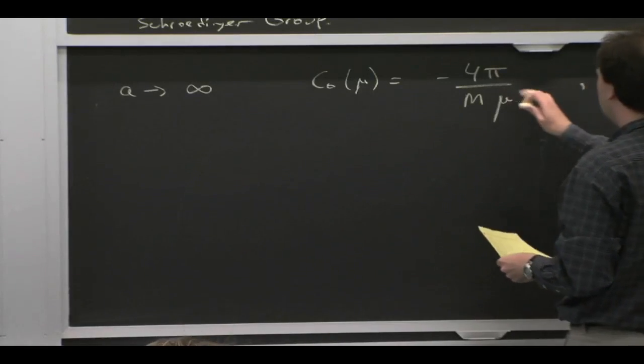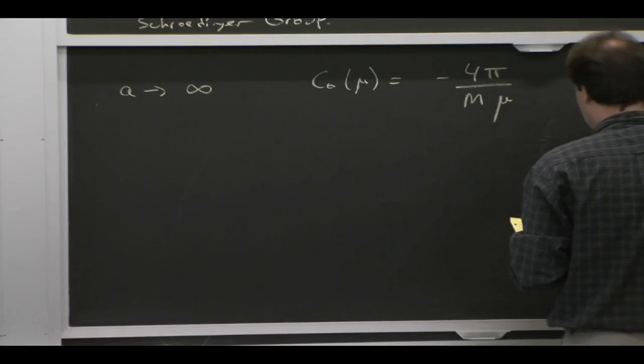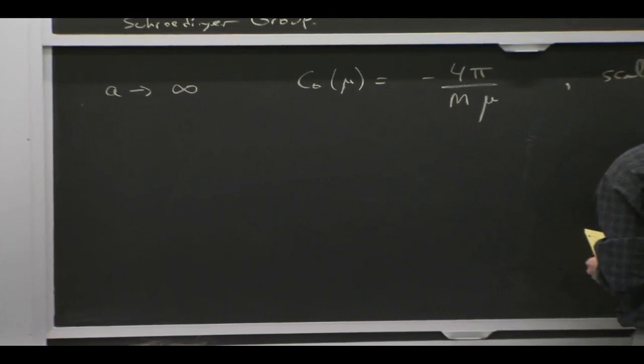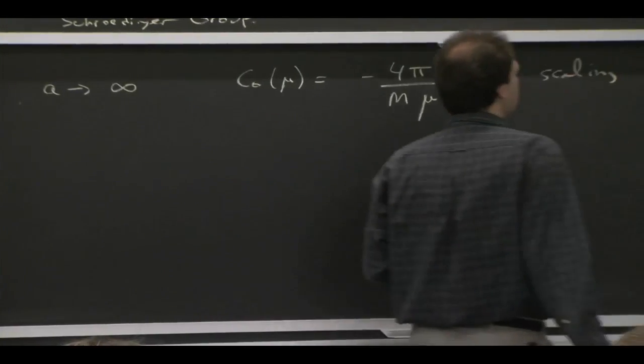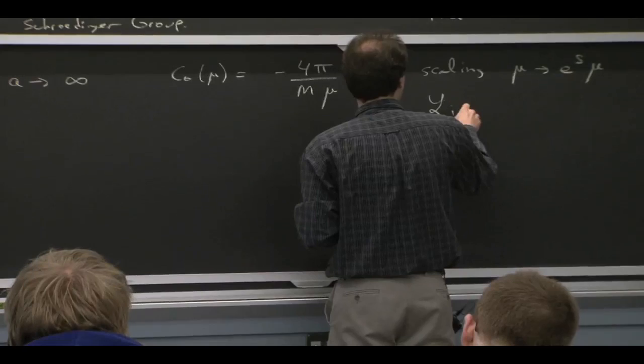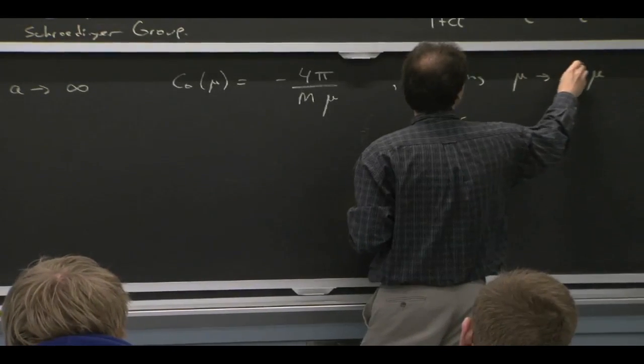Basically, what you can show is that if you scale mu, just like it was a momentum, so mu goes to e to the s mu, then the Lagrangian is scale invariant. Maybe in my notation up there it would be minus s.